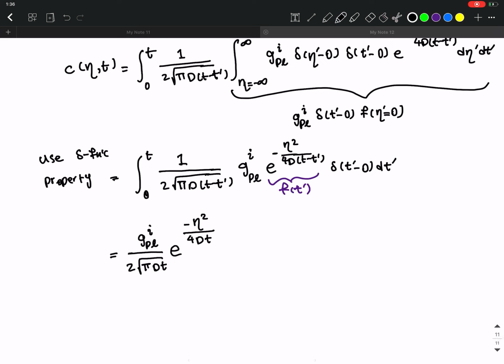But recall that eta was x minus vt, right?